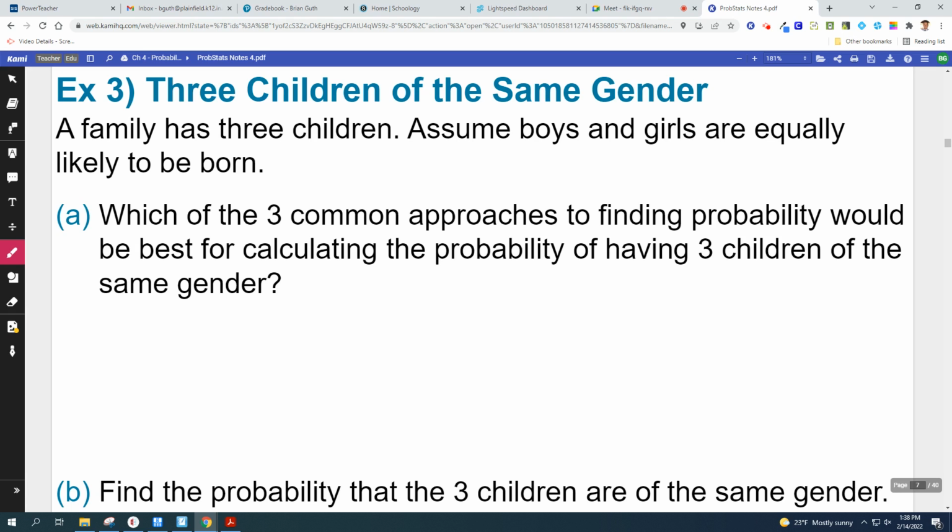I think the key here is when you see this phrase, equally likely. All right. We're going to look at this and we're going to be able to calculate this. We're not actually going to do an experiment and count. We can figure this out based off of they're equally likely. So which one is that? What's that called? Classical approach.